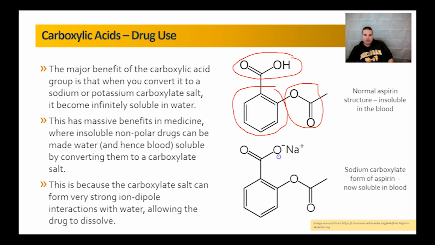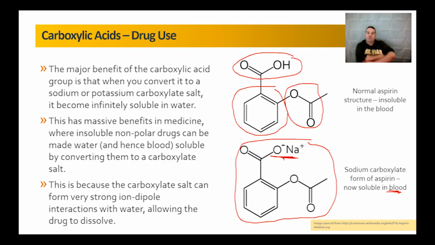When we deprotonate the acid and turn it into a sodium salt, though, we can form these ion dipole interactions with water. And what that means is that we've now turned this drug into a water-soluble form, which is really important, because if it's not water-soluble, it won't dissolve in the blood, and so it can't get around your body. So this is one of the two key ways that they make drugs water-soluble. The other one is with an amine group, which is the next topic.